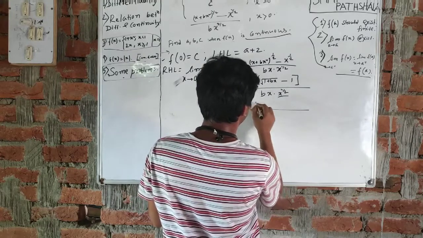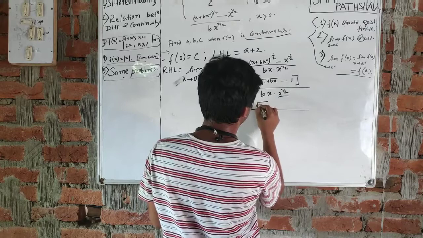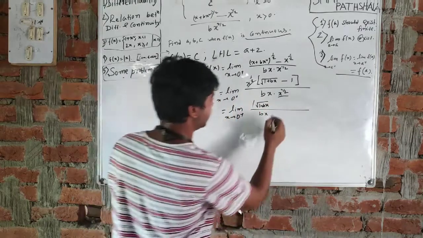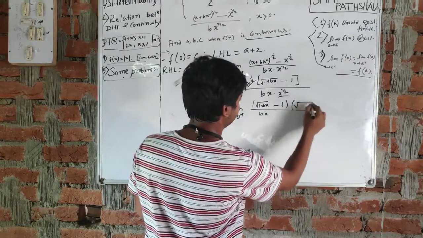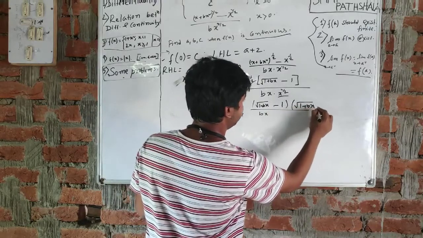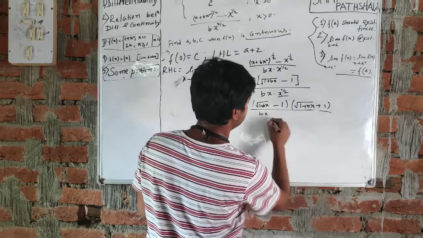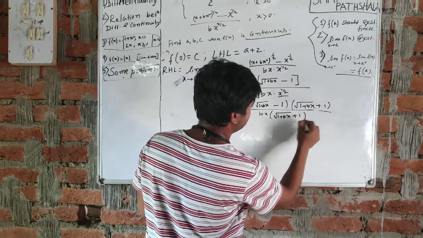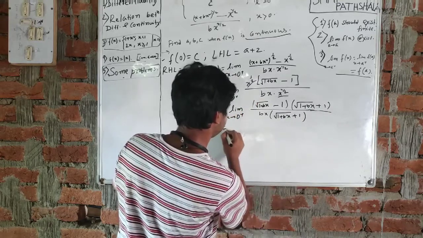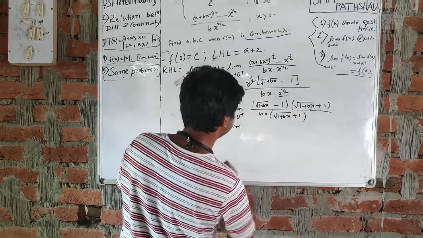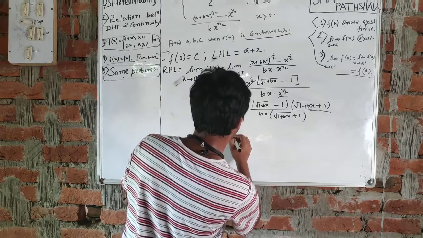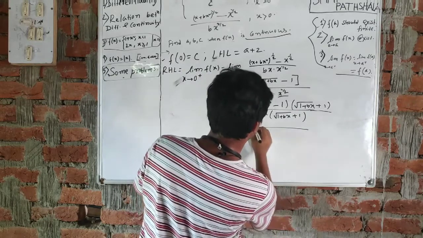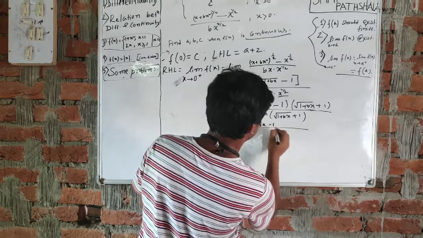Now here we multiply this thing. The numerator and denominator is multiplied by the same factor, root over 1 plus bx plus 1, and that is equal to limit x tends to 0 plus and 1 plus bx minus 1.